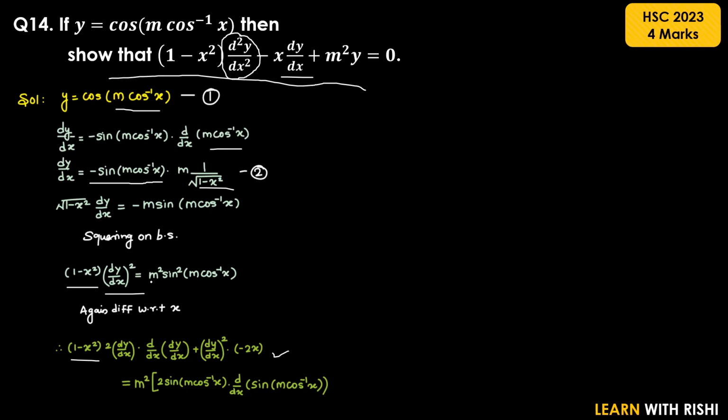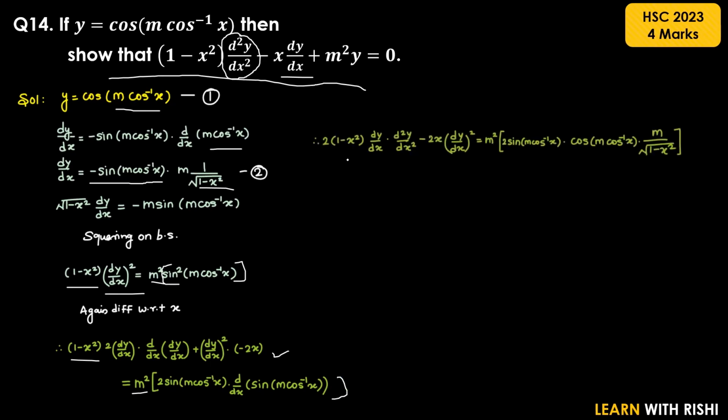Now in RHS, m squared is constant. Sine squared m cos inverse x, I have to differentiate this. So this will be treated as x squared. So it will be 2 into sine m cos inverse x into derivative of sine m cos inverse x.